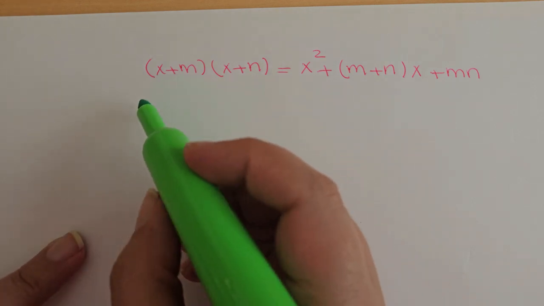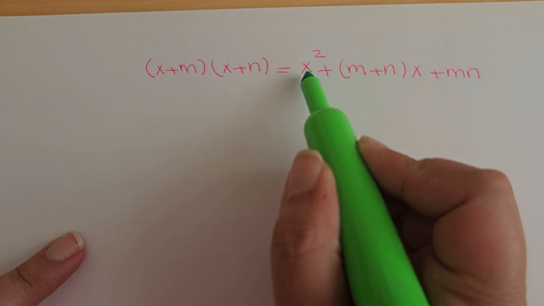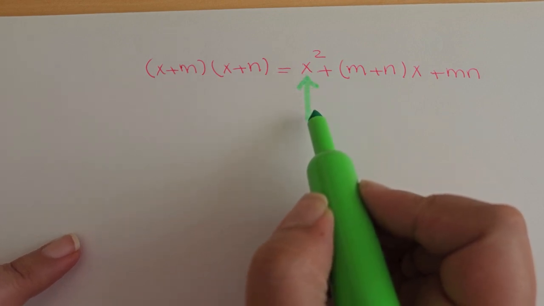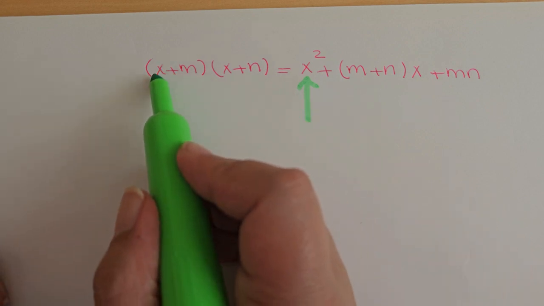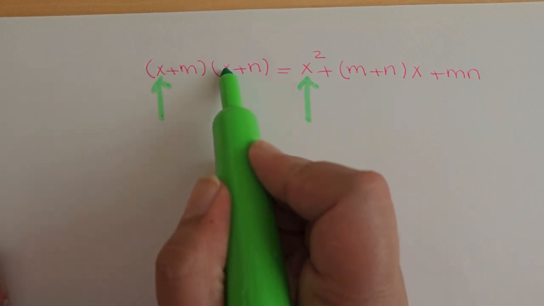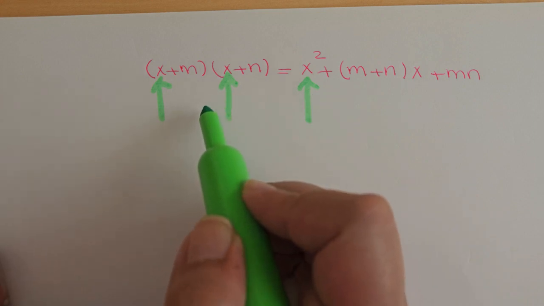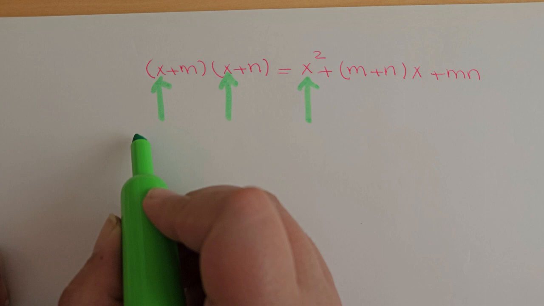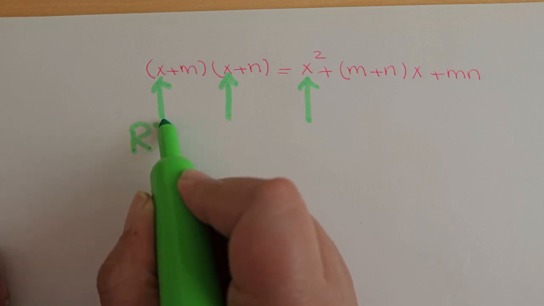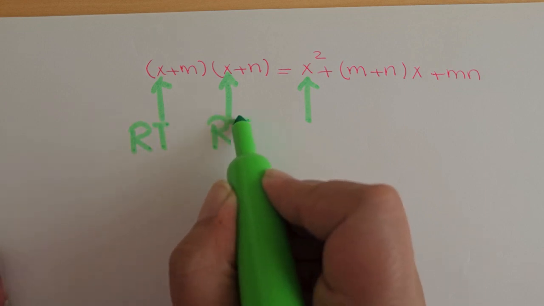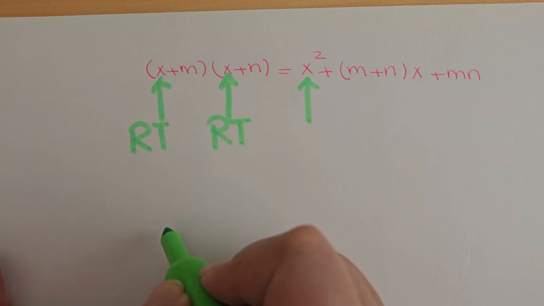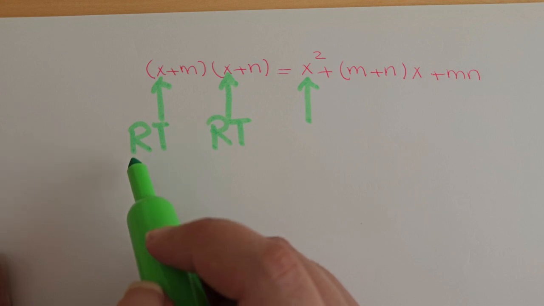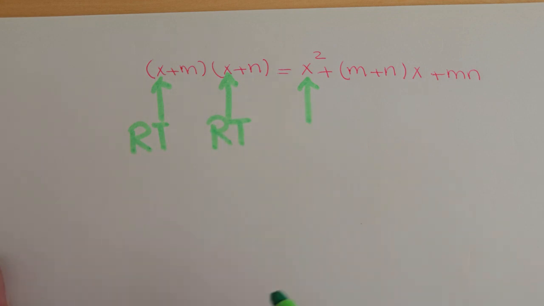If you take a look at this expression here, you would see that x squared, the square root of x squared, is actually repeated in both brackets. So we have a repeating term, and I call it RT. This repeating term is happening in both brackets, exactly the same, right?